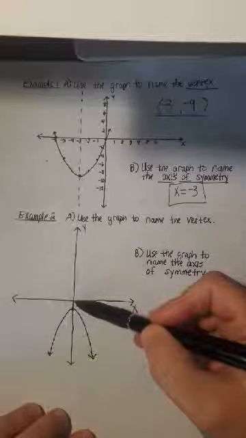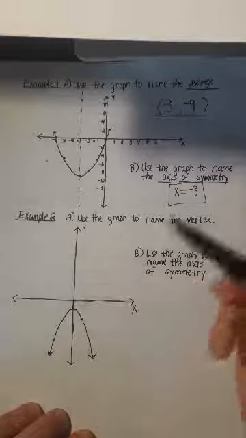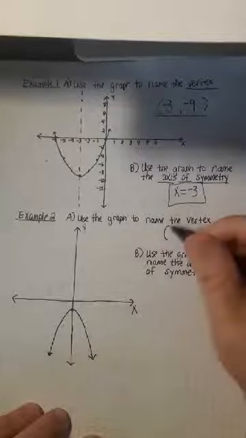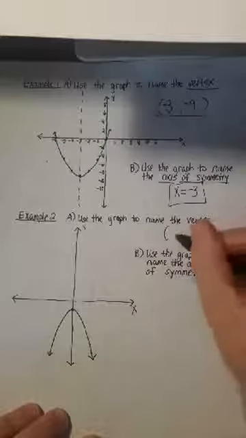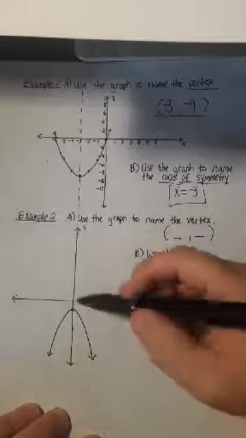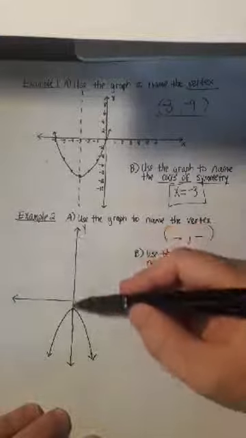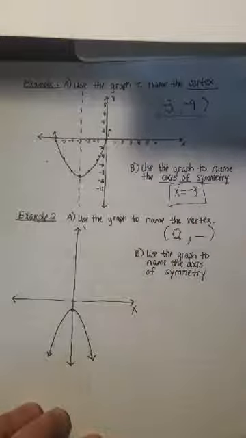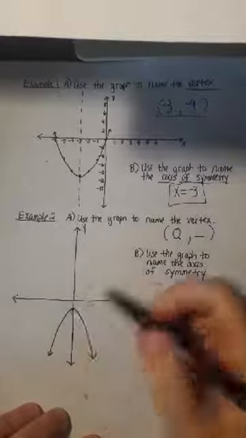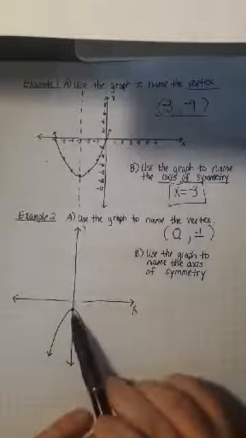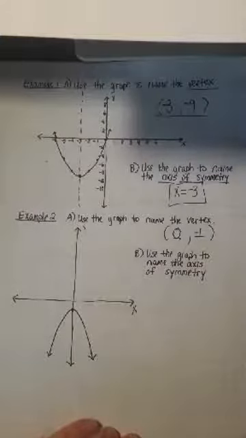So the vertex is 0, -1, because it's moved down 1 from the origin. Remember on IXL, it's going to go ahead and give you the parentheses, and then you're just going to have to fill in the x and y coordinates. So if the vertex is right on this y-axis, then the x is 0, and the y coordinate is -1. So 0, -1 is your vertex for this upside down parabola.